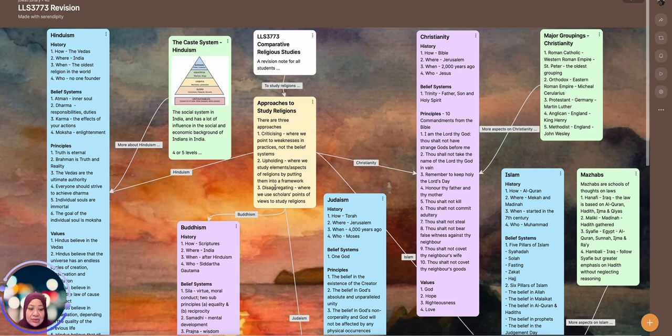So thou shalt not bear false witness against thy neighbor. Number 9, thou shalt not covet thy neighbor's wife. Do not go to your neighbor's house and try to tickle the wife. Last but not least, thou shalt not covet thy neighbor's goods. Meaning to say, you cannot steal your neighbor's items or properties.